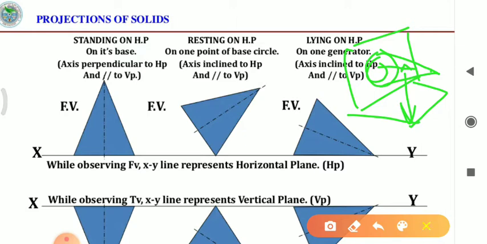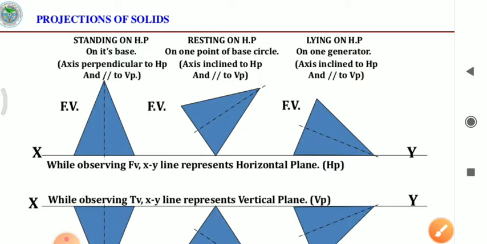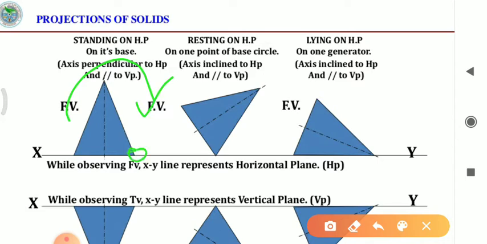The second position is resting on HP. When I tilt this solid, it rests on one corner or edge, depending upon the solid. It rests on HP, and the axis is inclined to HP and remains parallel to VP. It is like this.